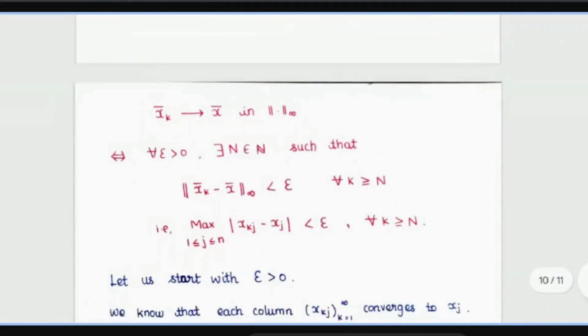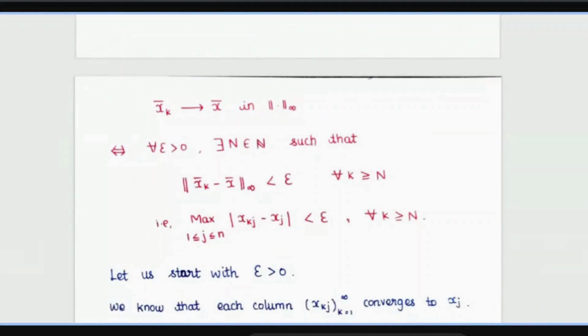Saying x_k bar converges to x bar with respect to the L infinity norm in R^n is the same as: given any epsilon greater than 0, there exists a natural number N such that the L infinity norm of x_k bar minus x bar is less than epsilon for every k greater than or equal to N. This norm is nothing but the maximum over 1 less than or equal to j less than or equal to n of the modulus of x_kj minus x_j, which is less than epsilon for every k greater than or equal to N.